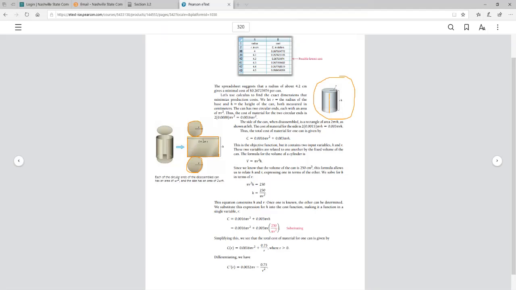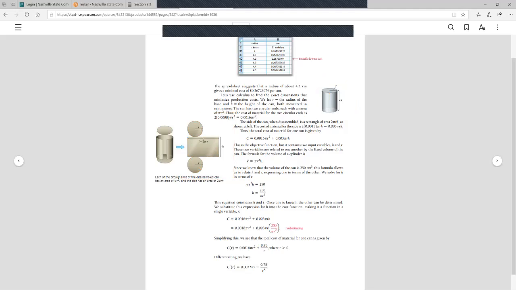In other words, we can take that three-dimensional figure and we can actually flatten it out to two plane figures, right? The circle and the rectangle. So let's go back and see what we're trying to do here. In this case, we are trying to minimize the cost.